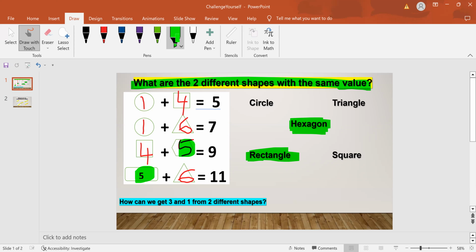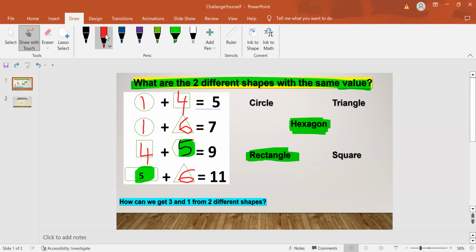Okay, now the last question. When they say here, how can we get 3 and 1 from two different shapes? Again, you could pause the video to challenge yourself before you see the solution. So how can we get the 3 and the 1 from two different shapes?